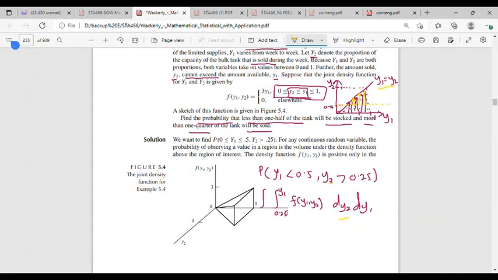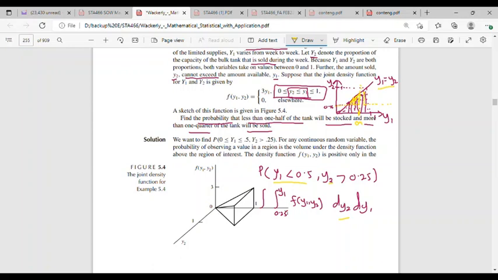So 0.25 until y1 because y2 equal to y1. How about dy1 here? y1 yang kita nak y1 less than 0.5. So maksudnya start daripada mana? Start daripada ni y1 start daripada 0.5. Okay, let's say 0.5.